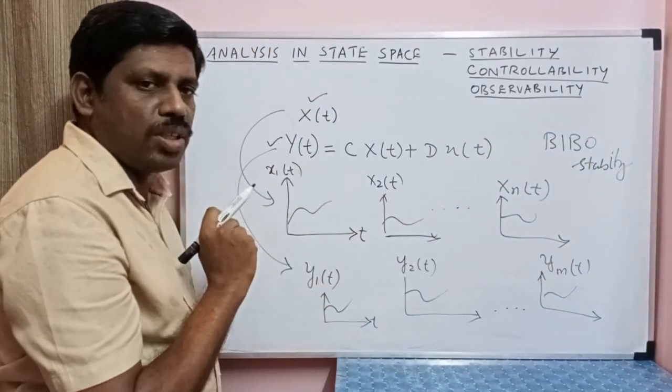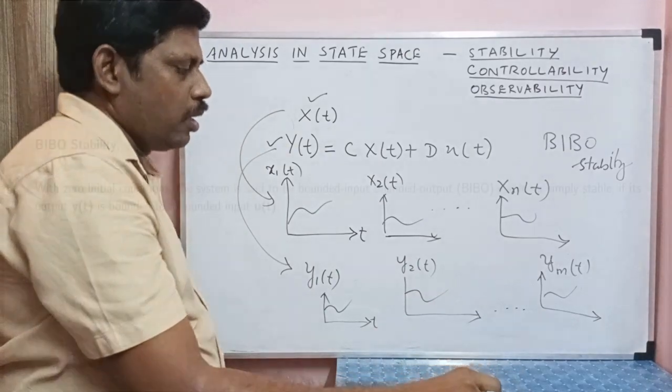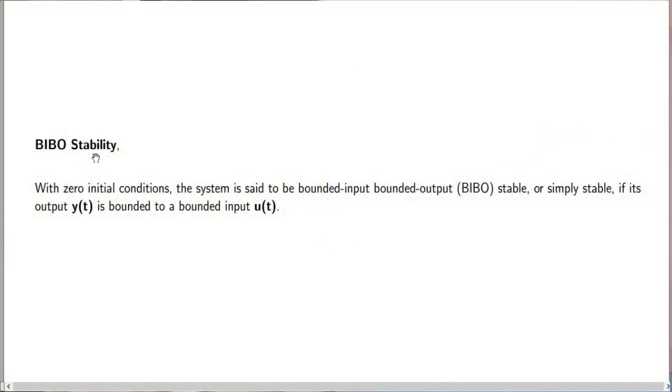What is meant by BIBO stability? A system is said to be BIBO stable, or simply stable, if the output y of t is bounded for a bounded input u of t.